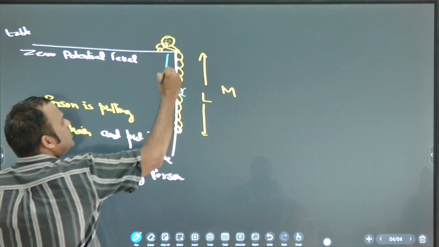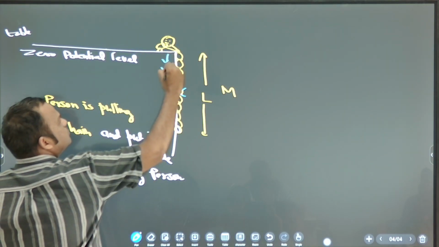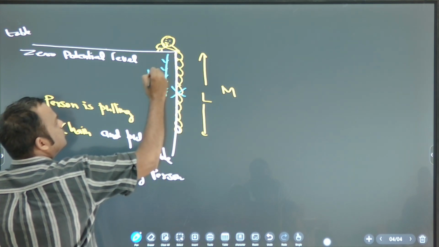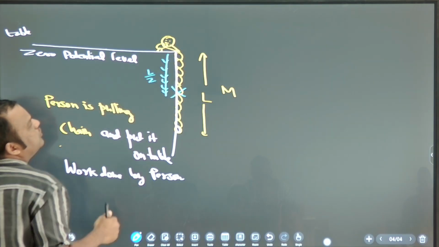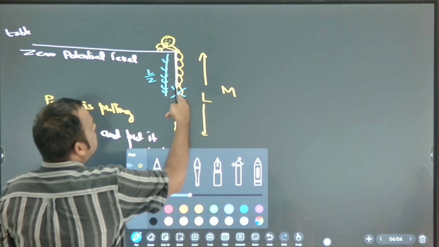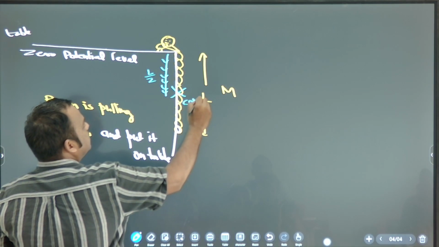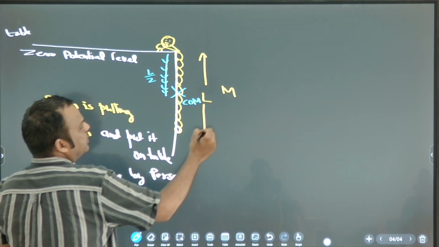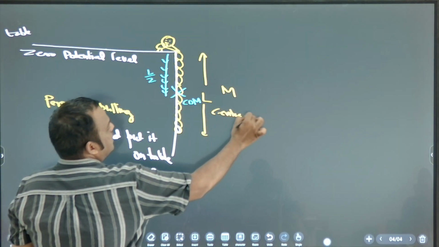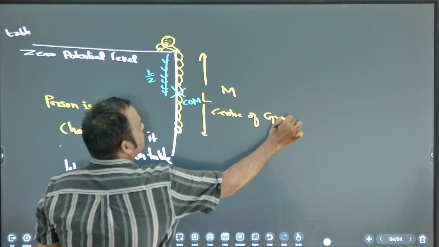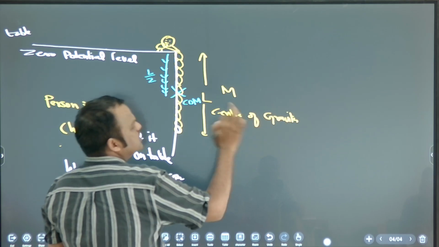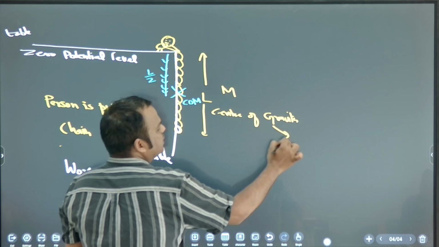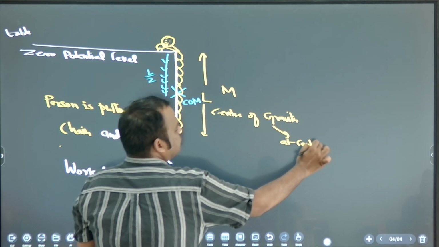What is the distance of the center of mass? L by 2. Initially the center of mass is here. Center of mass is also known as center of gravity. Generally it is at the center; for the time being, just remember it is at the center most of the time.